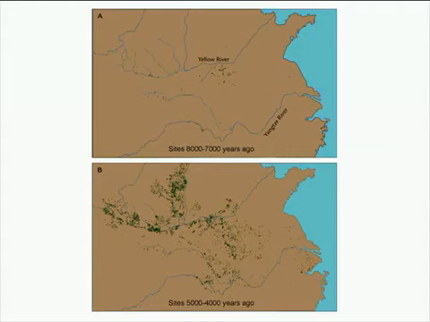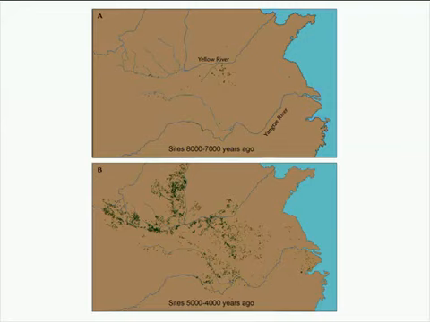But anyway, the top map, for looking at China, 8,000 to 7,000 years ago, there's a sprinkling of sites in the Yellow River area and just a few in the upper Yangtze River. By 5,000 to 4,000 years ago, the Yellow River is crowded with sites, and the Yangtze River is beginning to become dense with sites.